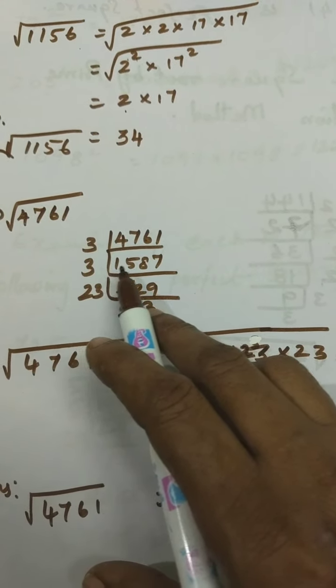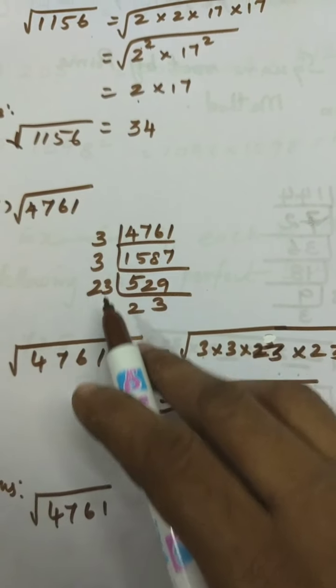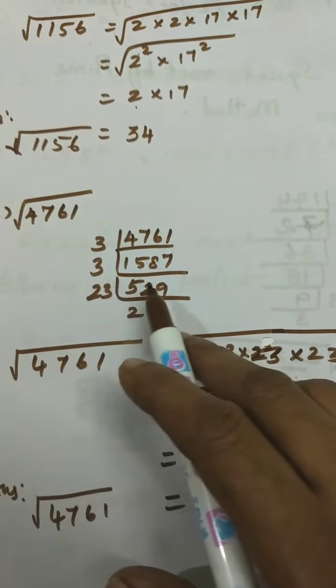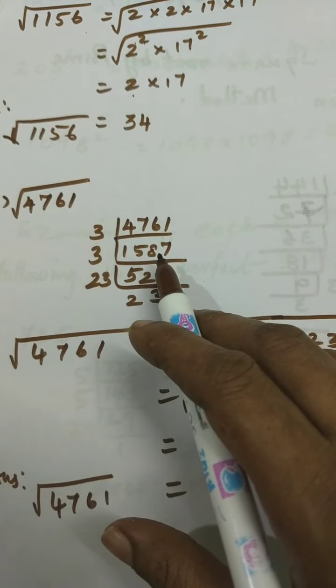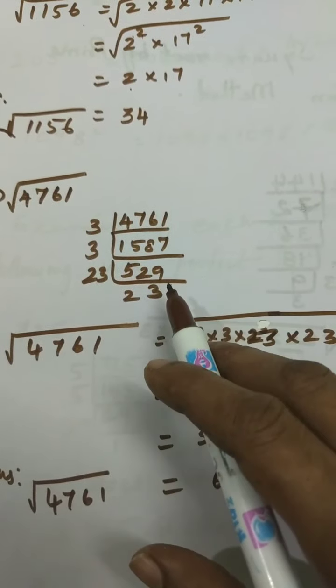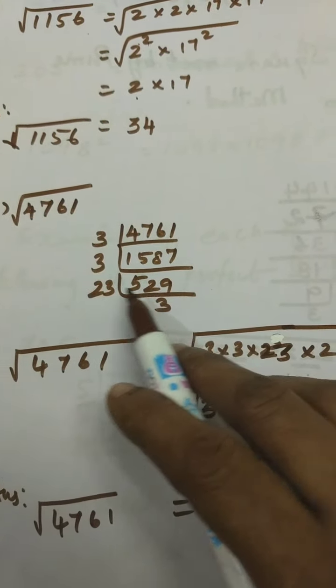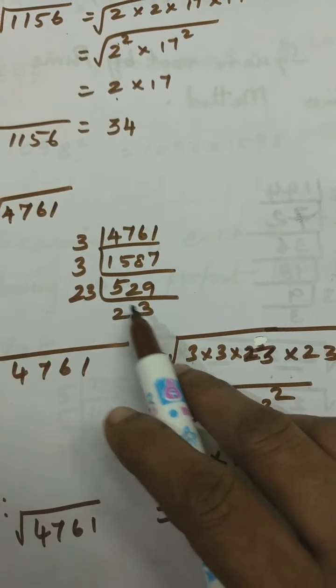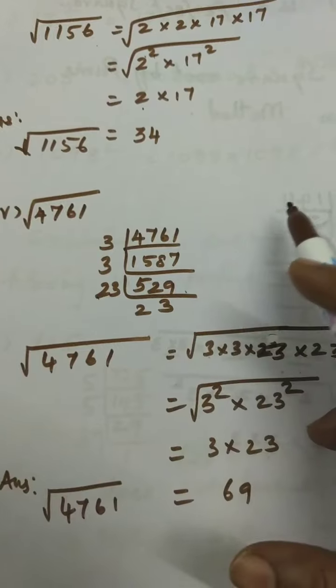That is, this number is also divisible by 3. So we can divide by 3. That is 5 3s are 15, then 2 3s are 6, remainder 2, then 27 is 9 times, 3 table. And 529 is divisible by 23, 23 23s are 529. Okay, that you have to know.